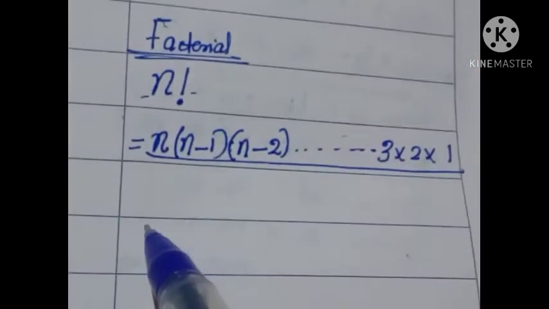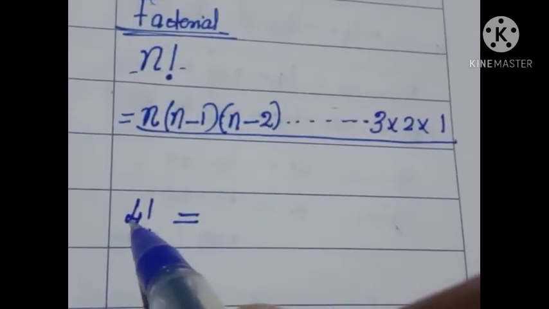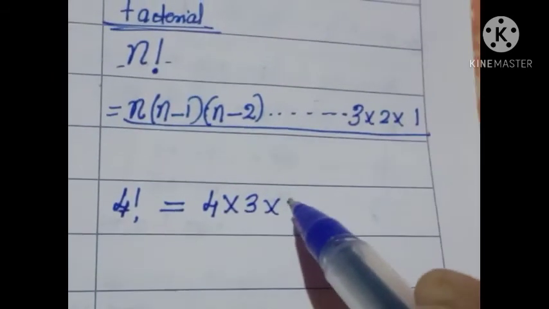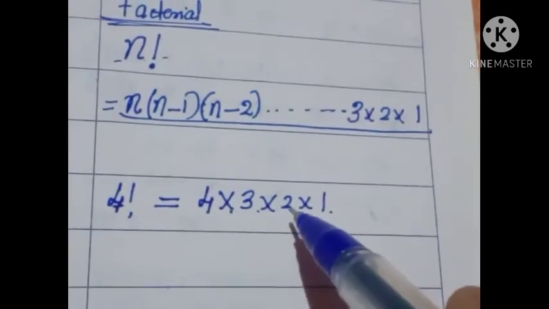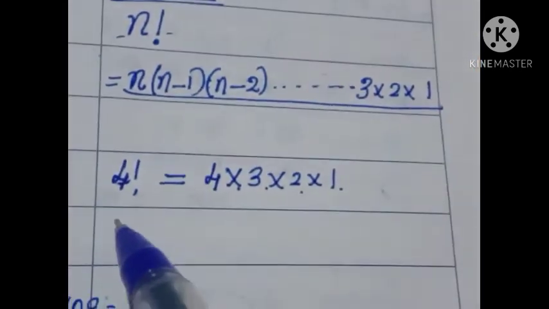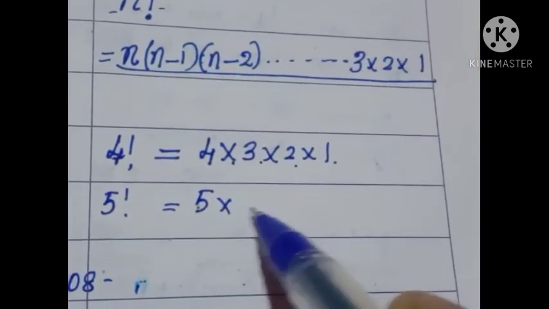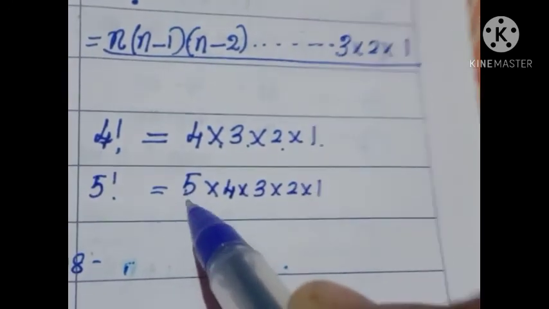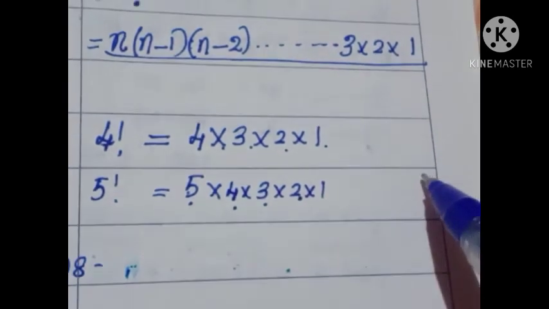For example, 4 factorial is the product of natural numbers starting with 4 and decreasing by 1, ending at 1: 4 into 3 into 2 into 1. What is 5 factorial? Start with 5: 5 into 4 into 3 into 2 into 1.